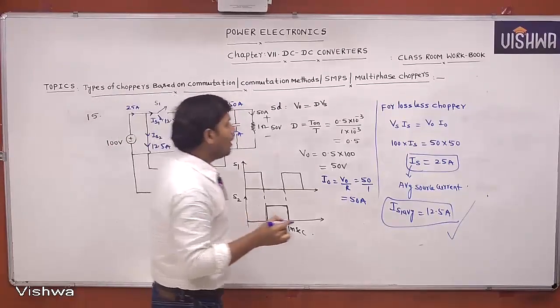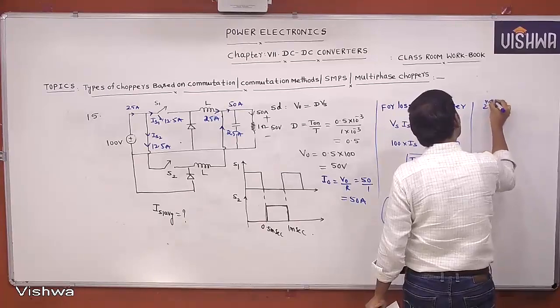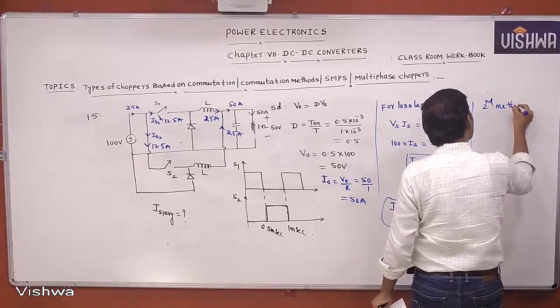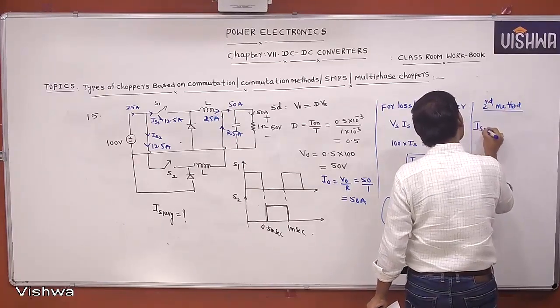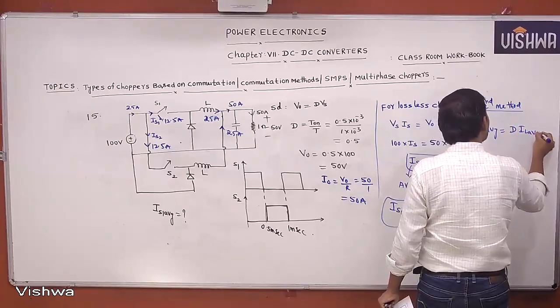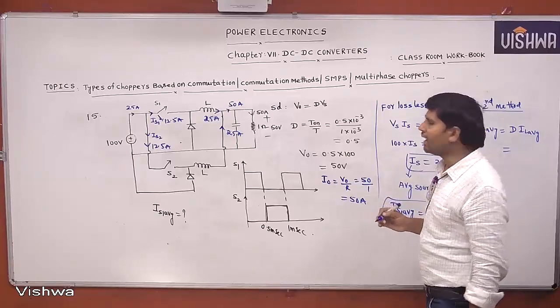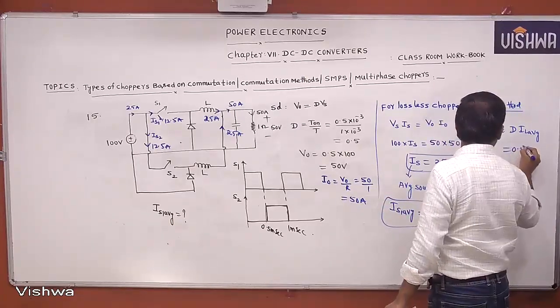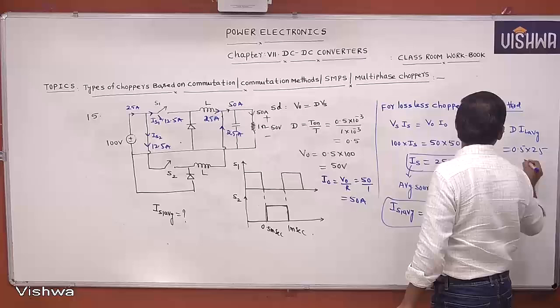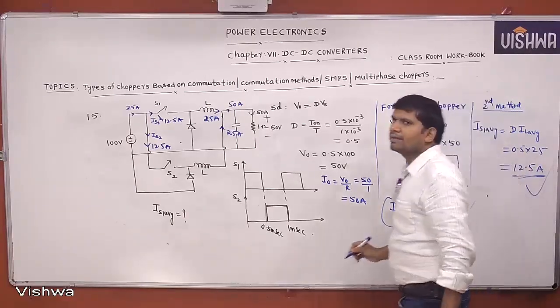But what is the average value of switch current? Second method: the average value of switch current equal to D into IL average. This formula you know. In the case of a buck regulator, IL average equal to I naught average. What is the duty cycle? 0.5. What is IL average? 25. How much we can get? 12.5 amperes. Like this also we can solve.